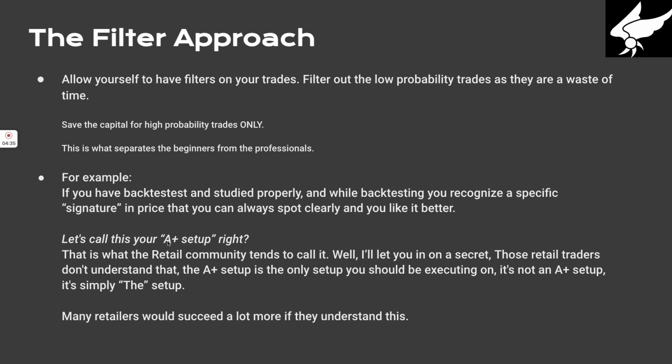Rather, you should be categorizing that A+ setup as your only setup, as the setup. The only setup that you should be executing on is the one that you can spot clearly. The highest probability setups are the only ones that you should be executing on. Filter everything else out. Filter everything that is not A+ in your eyes out. Do not take anything else.